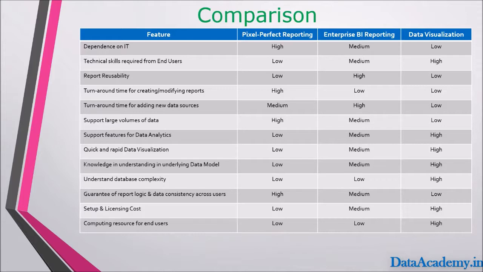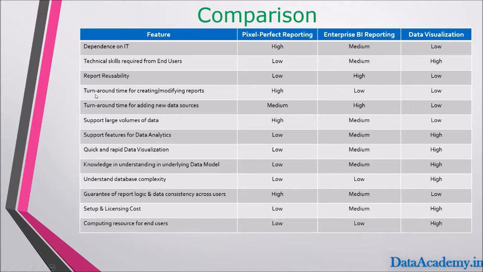Or sometimes the very reason that reports are shared between many users prevents it from being updated, which means you will end up creating another report just to add one extra column. Whereas in enterprise BI reporting, it is high, and in data visualization, there is a very low factor of reusability.